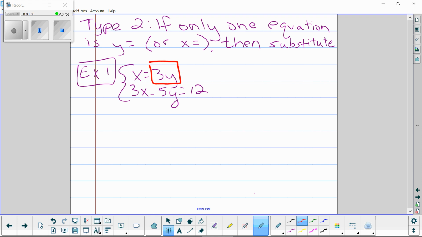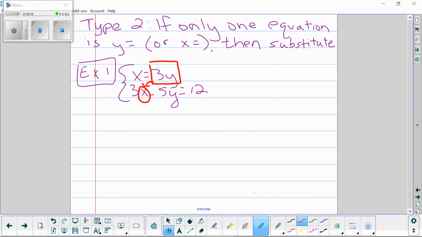So just like if it only said x equals 3, then you know that you would take that 3 and plug it in for x and then figure it out from there. In this case, they're not telling you that x is just 3, instead x is 3y, but it's still the same idea. We're going to take out x from that second equation and we're going to change it to 3y.